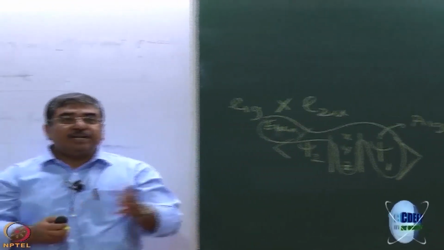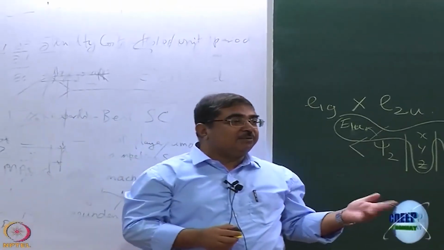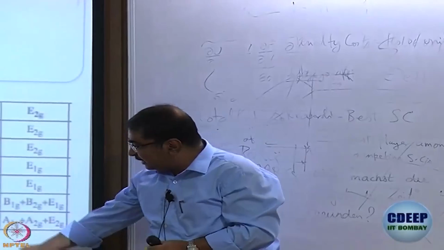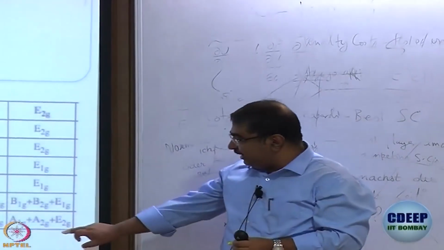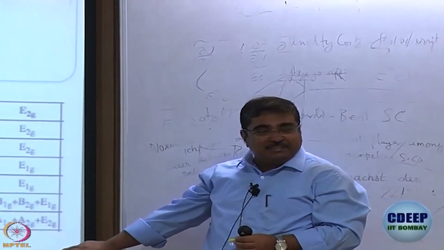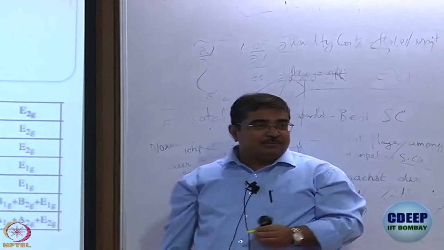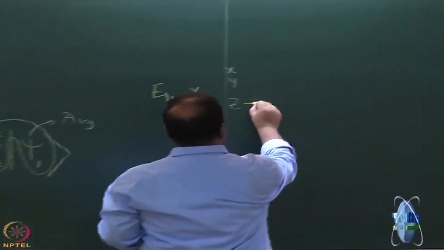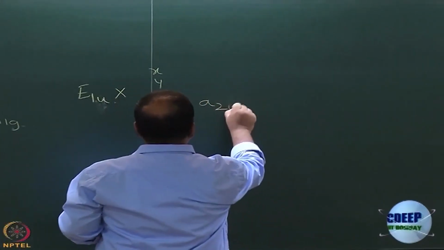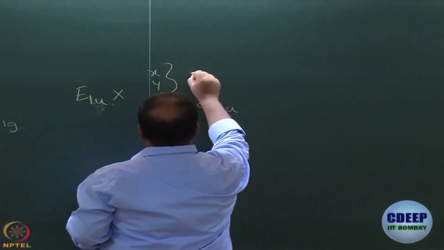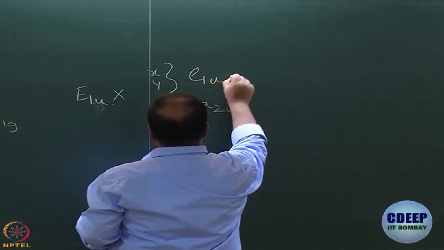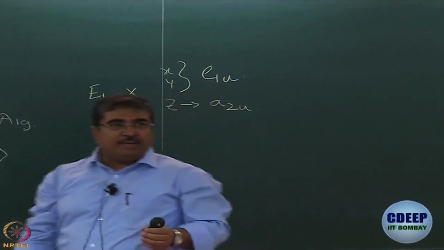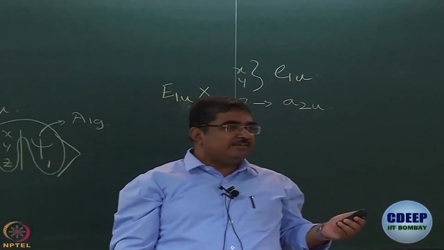Of course, to do that I need to tell you the symmetry of x, y and z, and this is what is written here. I do not know if you have noticed, z is A2U and x and y together form a basis of E1U. That comes from the character table.